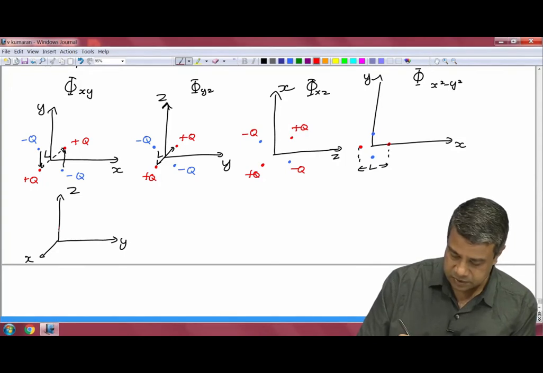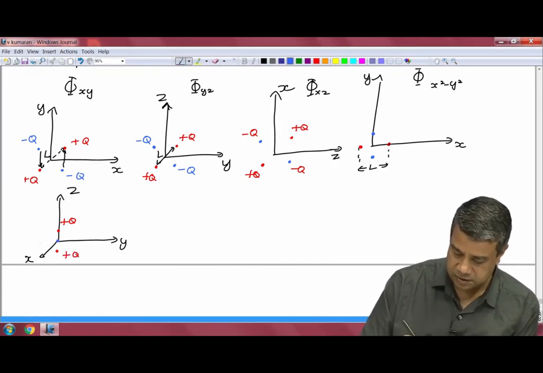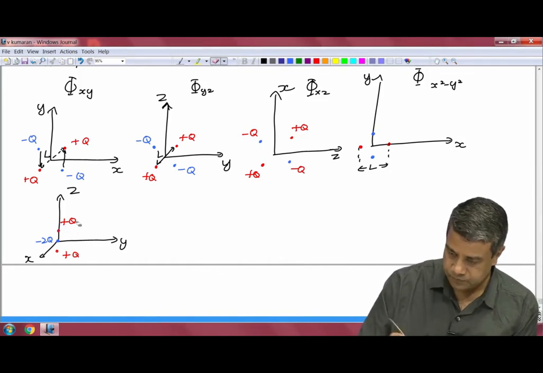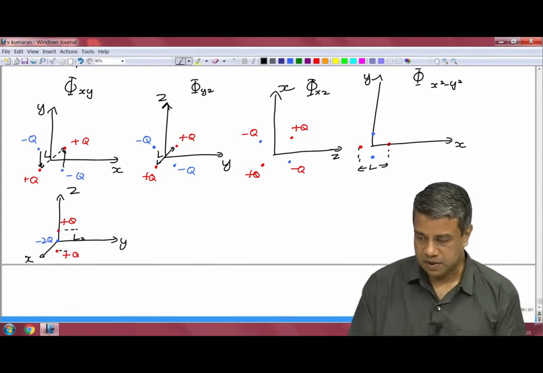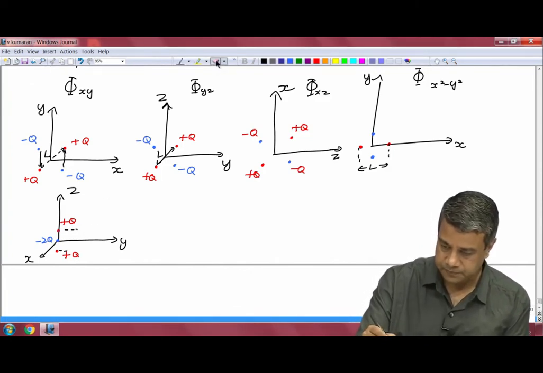I have a source plus q here, plus q here, and I have a sink which is minus 2q, and the distance between the source and sink is once again L. Source and sink, the separation is equal to L.